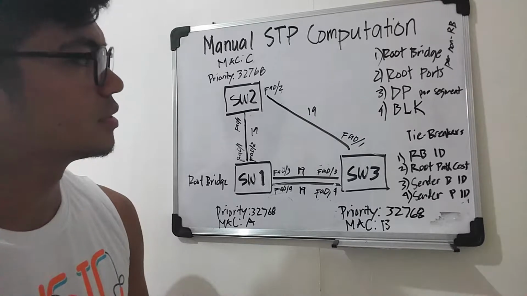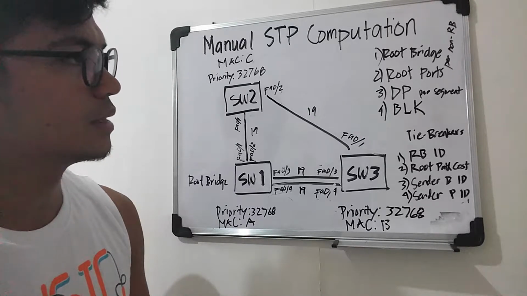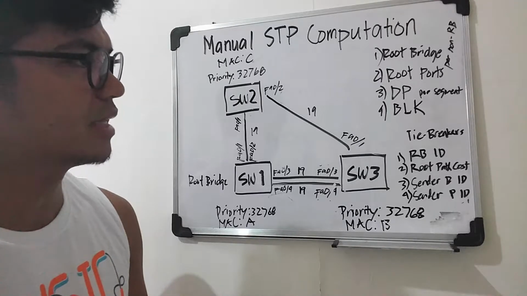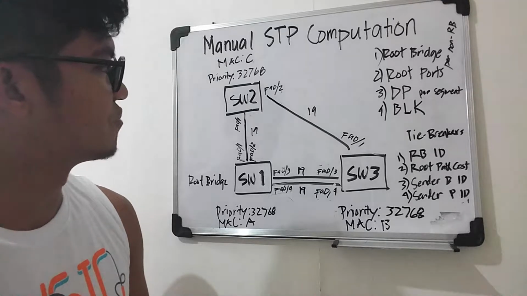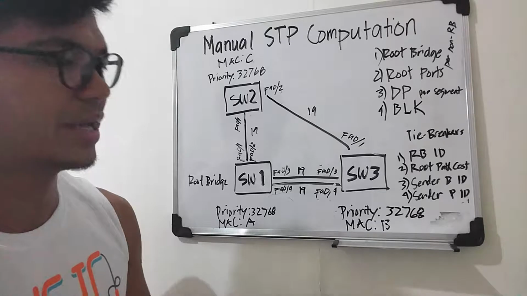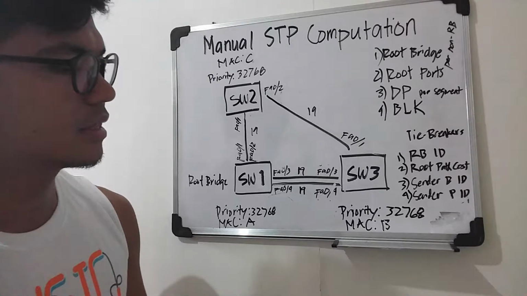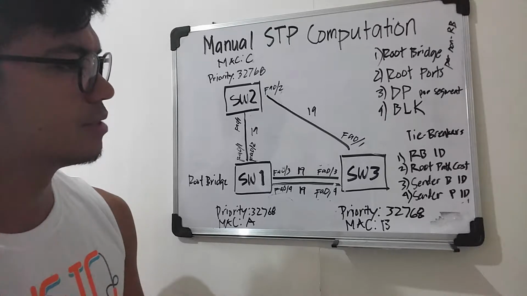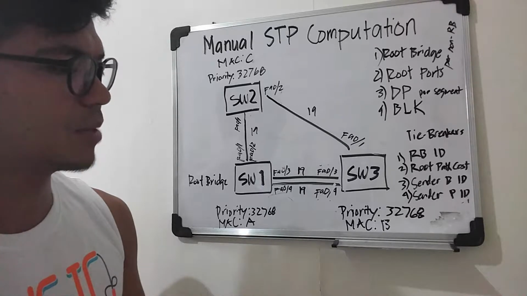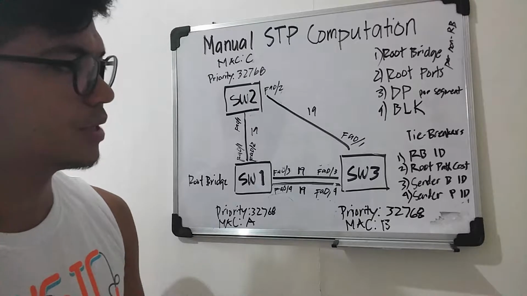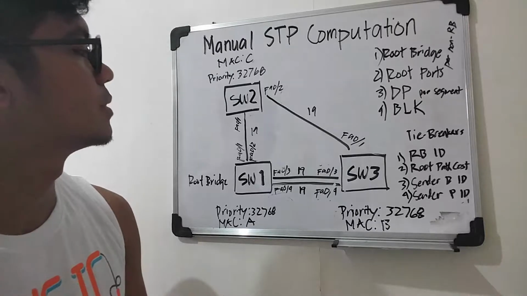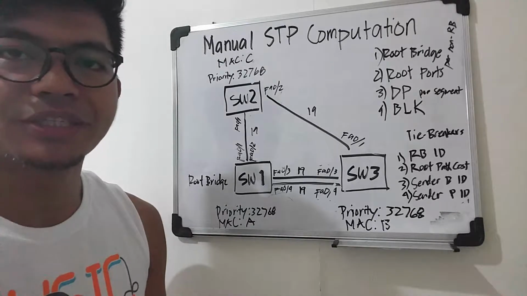Ethernet is 10 Mbps, so its equivalent path cost is 100. 1 gig is 4, and 10 gig, if I'm not mistaken, is 2, and more than 10 gig is 1. So you also need to memorize that.